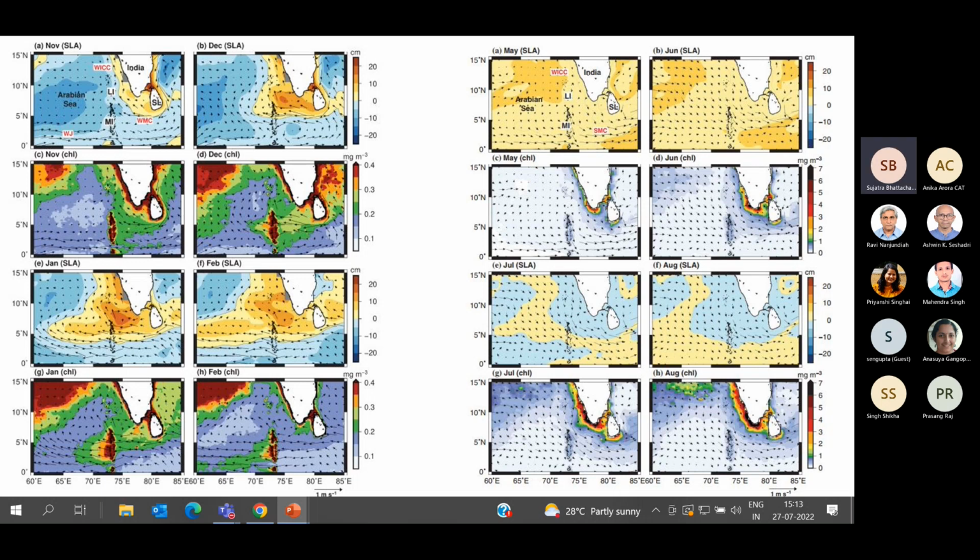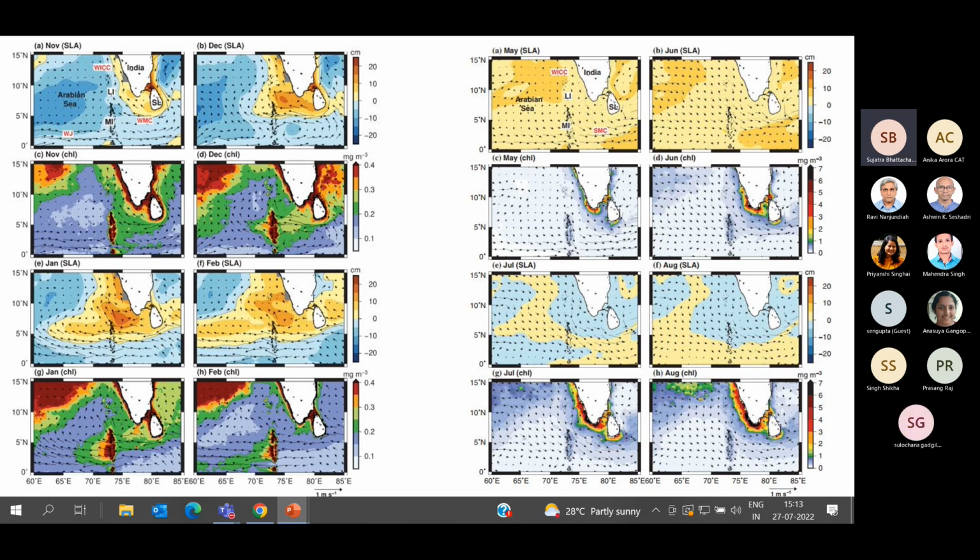The second observation is that where there is a high in the sea level anomaly, we find a high concentration of chlorophyll near the highest peak in SLA, and it is also observed that the concentration amplifies towards the south of this highest peak in SLA, where the summer monsoon current is strongest.